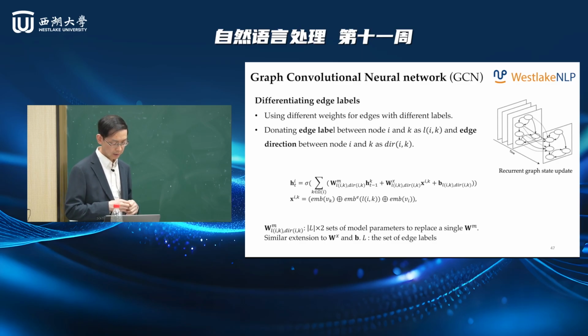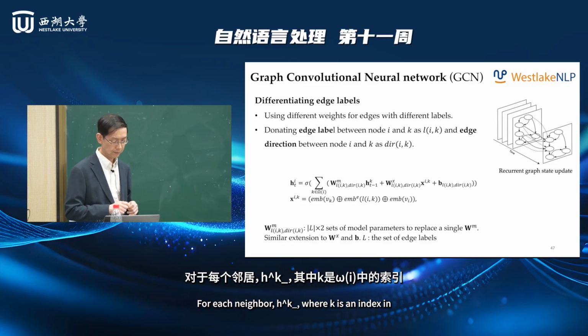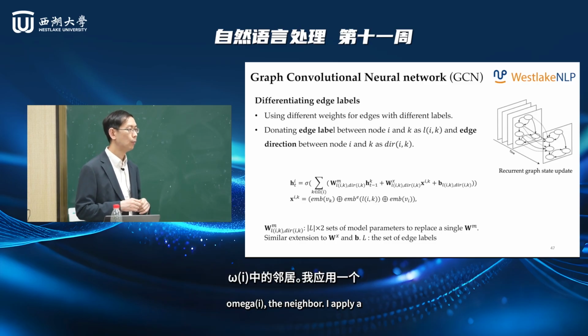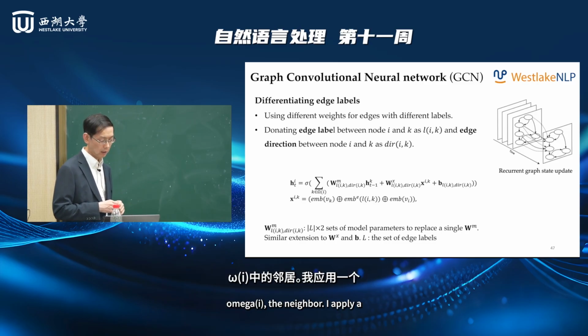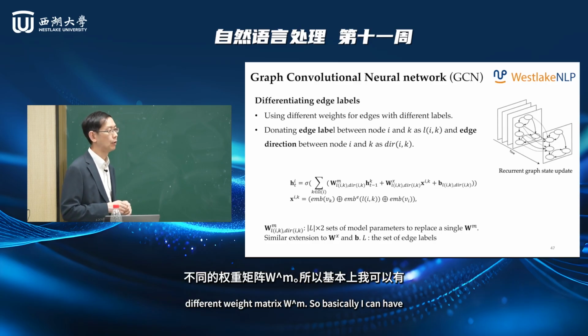And here, you know, when I calculate h_i^t, I use sigmoid over an aggregation of convolution filters, okay? So for each neighbor h_k^{t-1}, where k is an index in omega I, the neighbor, okay, I apply a different weight matrix Wm.